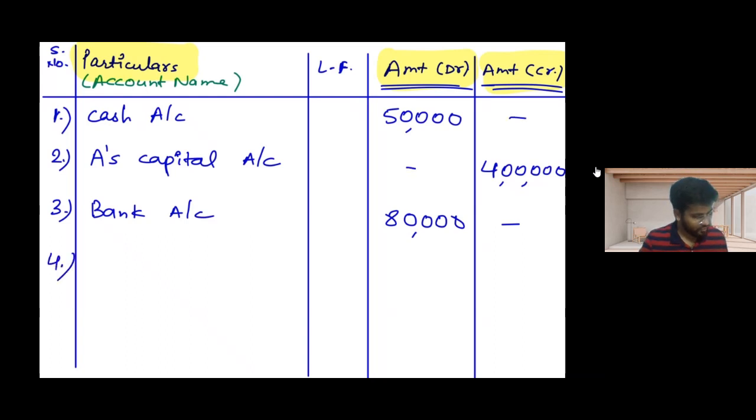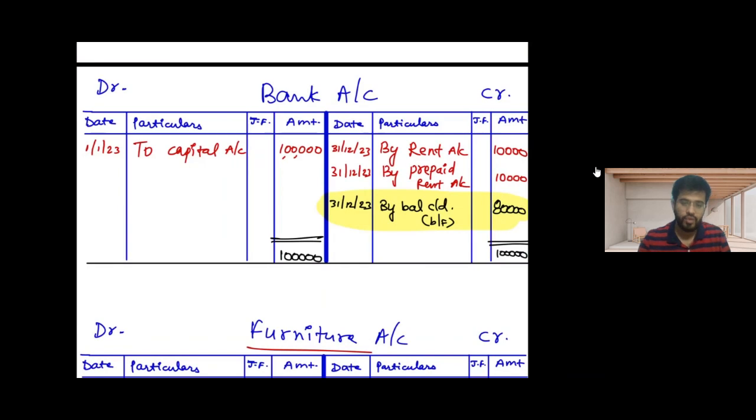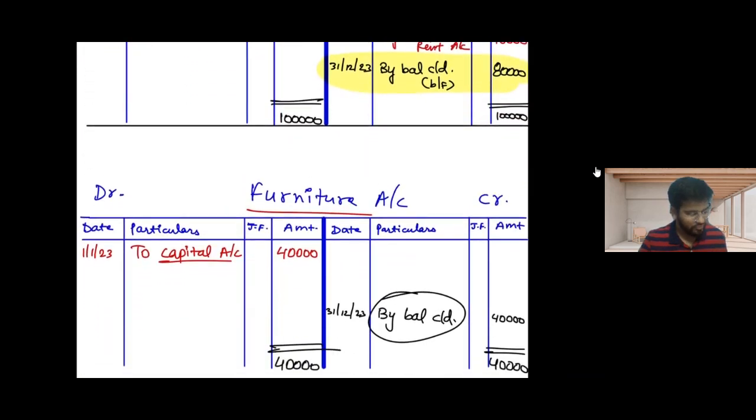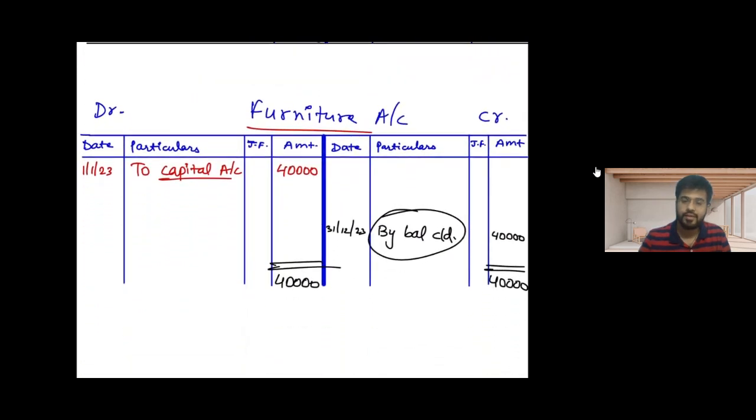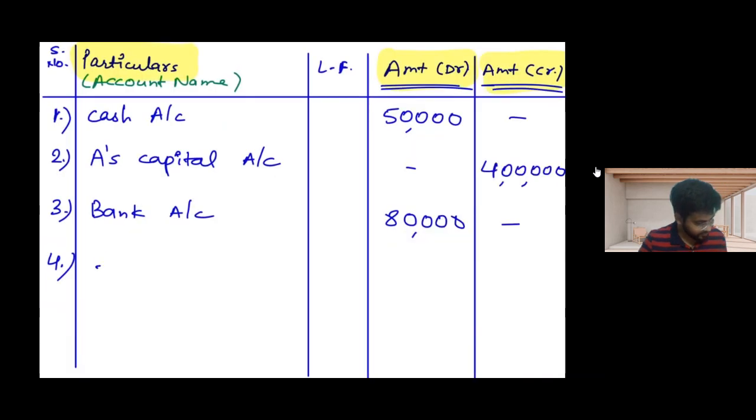Now let's go to the fourth account, the furniture account. You can see where the balance is. It is on the credit side, so I will write it on the opposite side in my trial balance. How much is the balance? 40,000. So it is the furniture account with 40,000 as a debit balance.